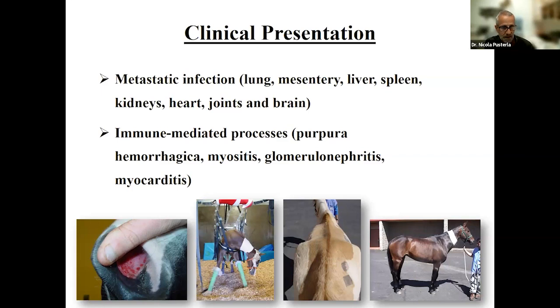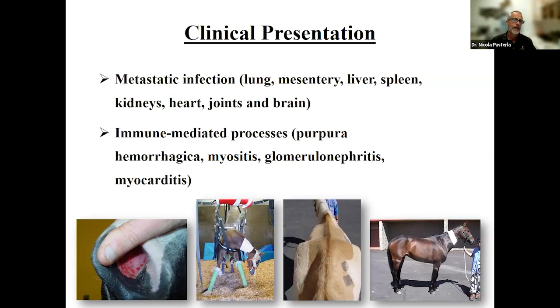One is metastatic infection, so we're going from local infection to spread to a variety of organ systems. Anything that can be reached through the bloodstream can become affected. I would say the majority of the ones that we see would be internal infections: lung, liver, kidney. And occasionally we see the more rare CNS involvement, meningitis, and so on.